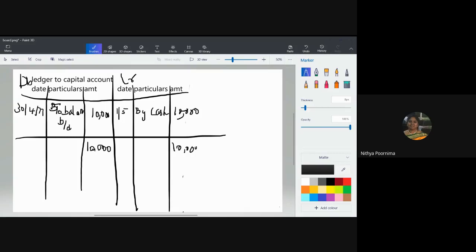Can somebody explain what is cash sales? Sales via cash is so much. I'm just guessing, I'm not sure.